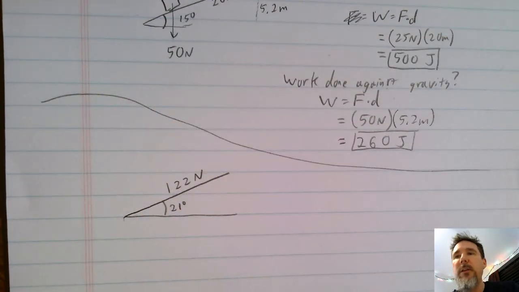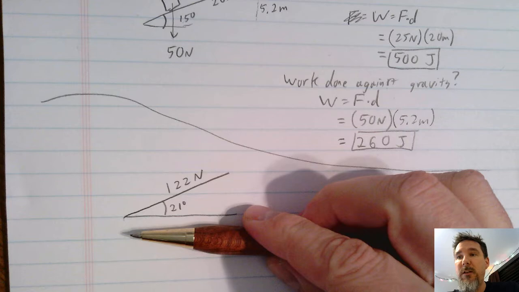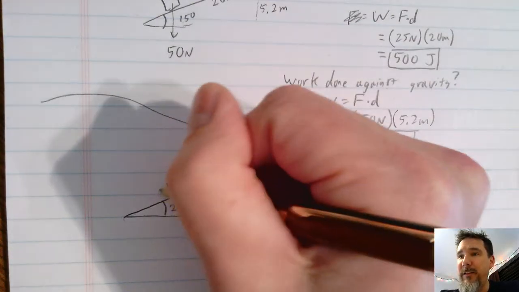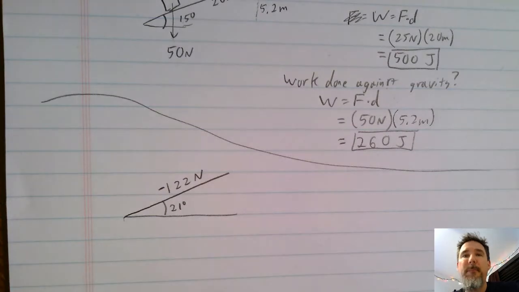So she's pulling the dog backward. They're all moving forward, in this direction. She's pulling backward. So this is going to be negative because it's the opposite direction of the movement. She's pulling against the movement. So the question is, how much work was she doing?